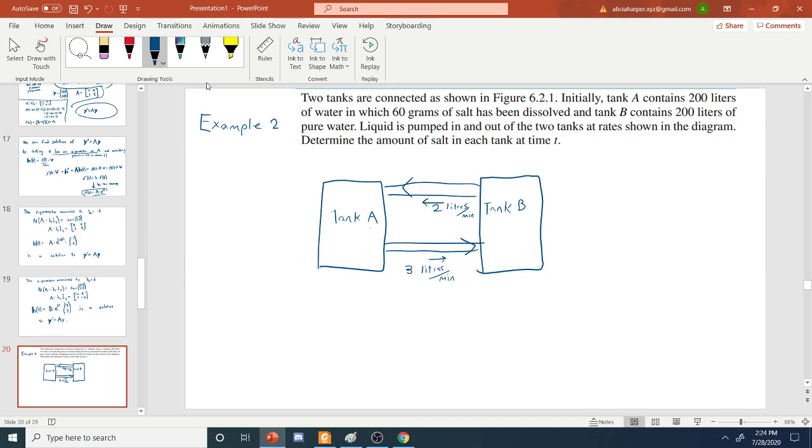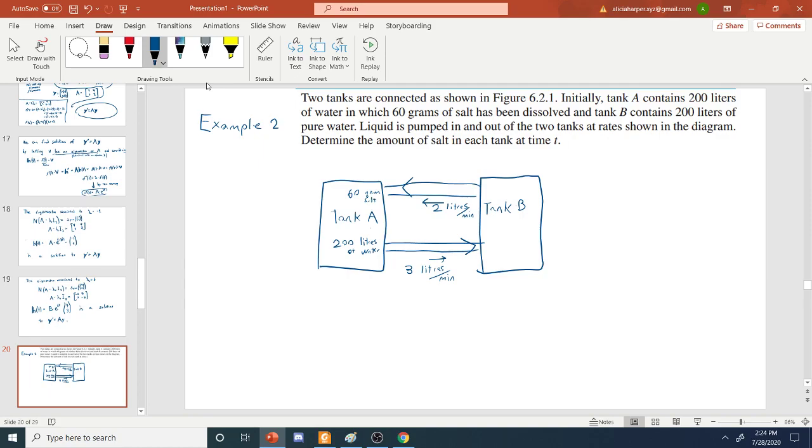And over here, I have 200 liters of water and 60 grams of salt.